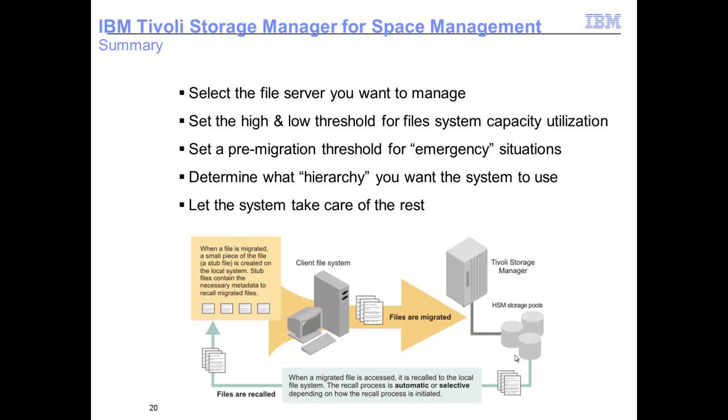You set up your pre-migration levels. You determine where you want to migrate those files into the TSM server hierarchy. And then you just let the system take care of the rest. It will go out and identify the files, replace them with stub files, and should an end user need that file, it'll automatically recall it.